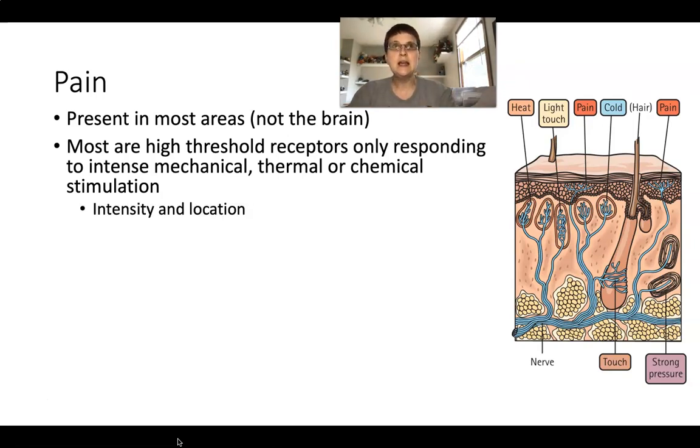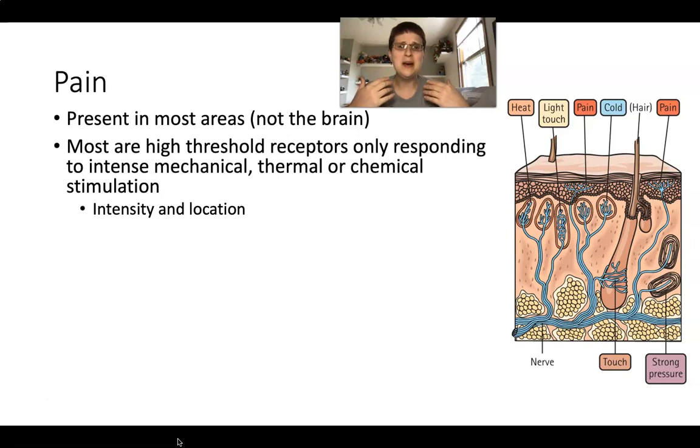So intensity and location are going to make the big difference. Like I said, intensity, a small poke versus a stab, is going to make a big difference. And the location, because some areas are going to have pain receptors with slightly lower thresholds than others.